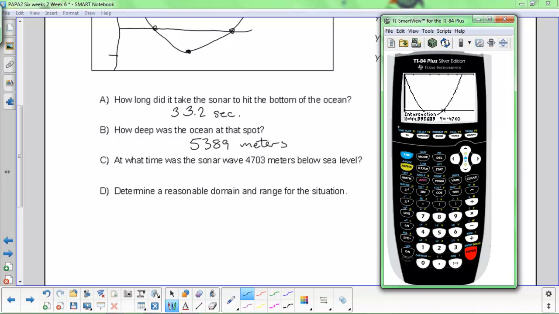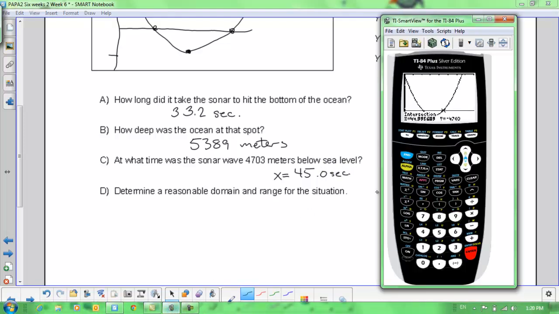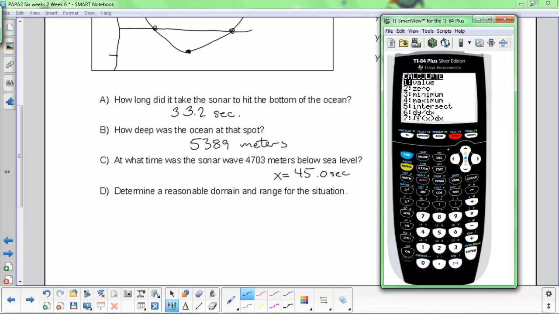All right, that gives me 44.995 seconds. So that is going to be x equals 45.0 seconds. And we will do the exact same thing for the other intersection point.